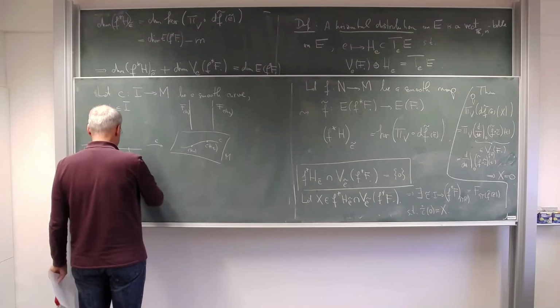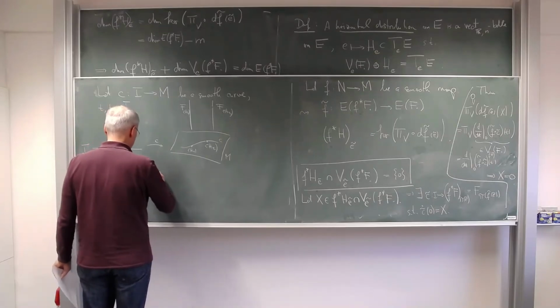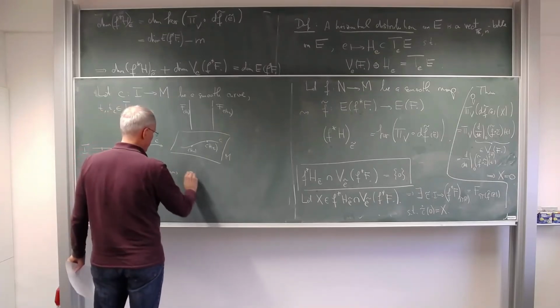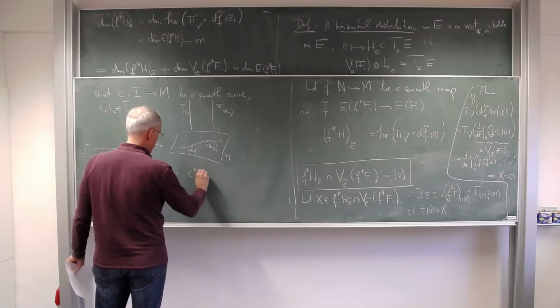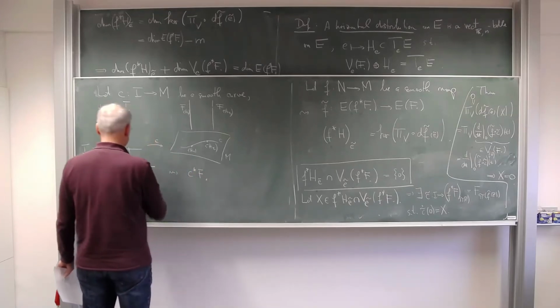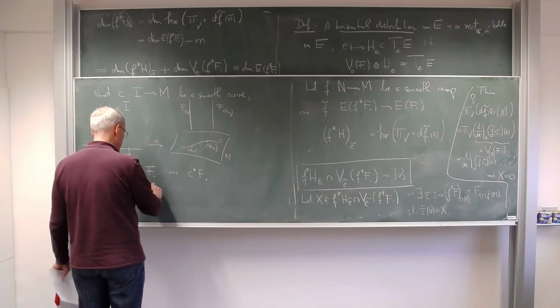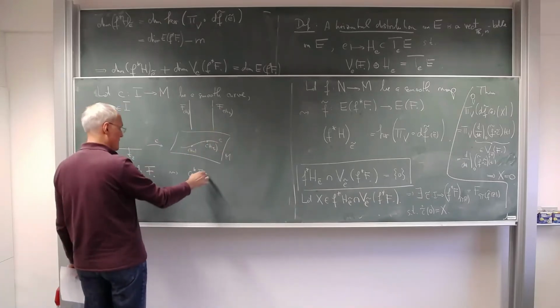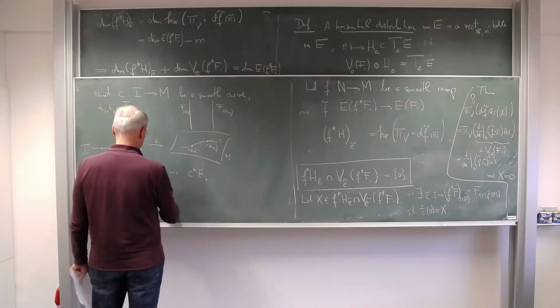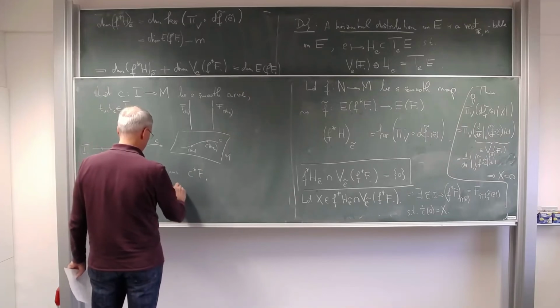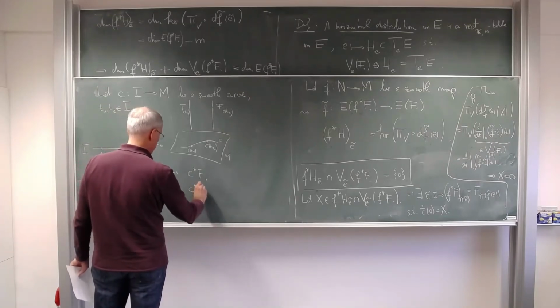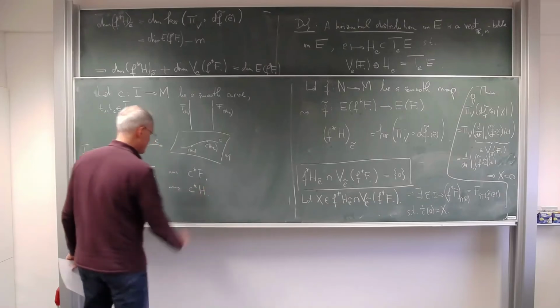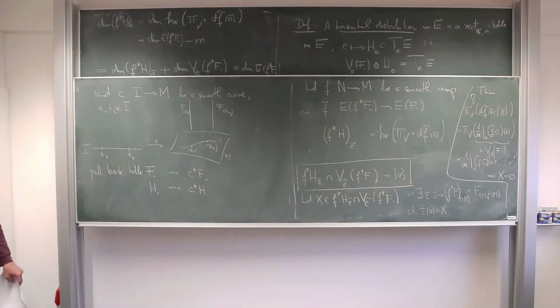This gives me a pullback bundle C star F over the interval, and also the horizontal distribution that I've chosen in my bundle F gives me a pullback horizontal distribution, as I just explained. I can pull back a horizontal distribution as well.